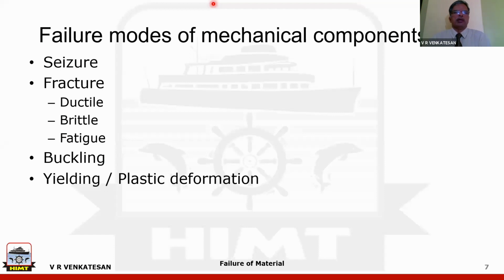And this is the most common example of deformation. Every mechanical component, while it is in use or while the part is assembled, will definitely undergo some deformation. If you have a flange and you put a nut and bolt and tighten the nut, then the bolt will stretch. But there is nothing wrong in that, because once the bolt is loosened, it will go back to its original length.